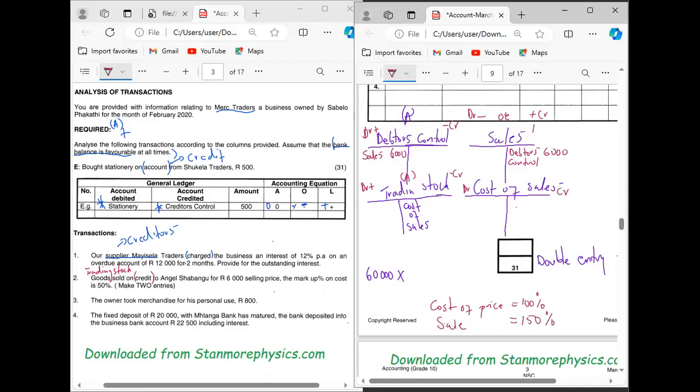So what we have right now is 150%, which equals 6,000.